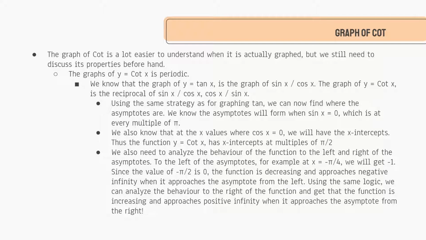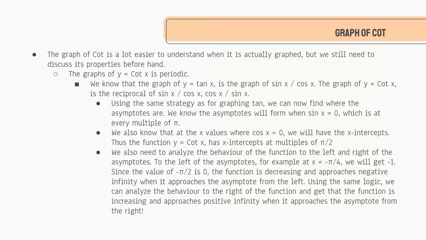So like 0, pi, 2 pi, negative 7 pi, negative billion pi will always be a 0. So those will actually be our new asymptotes. We also know that the values of x, where cos of x is equals to 0, will become our new x-intercepts.